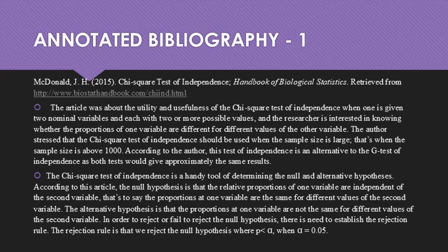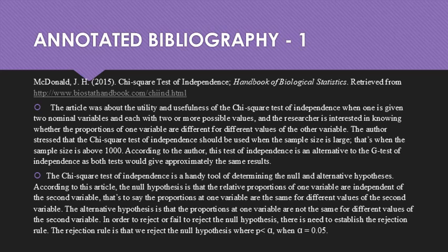Three bibliographies were annotated. The first one is Edogun J.H. 2015, Chi-square Test of Independence, taken from the Handbook of Biological Statistics and retrieved from the internet at the address stated below.